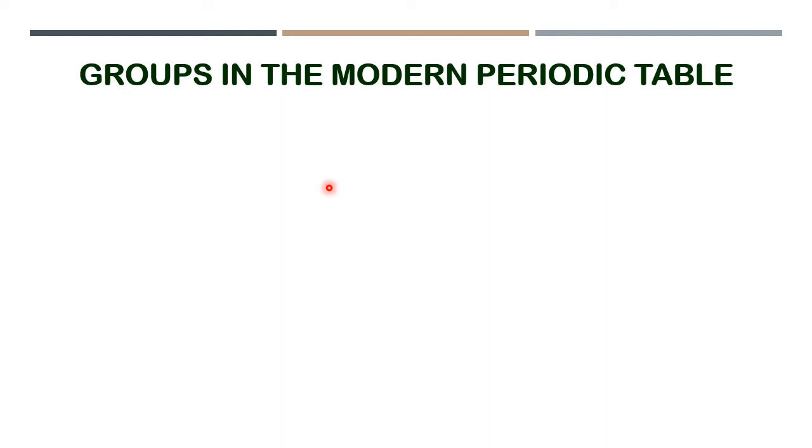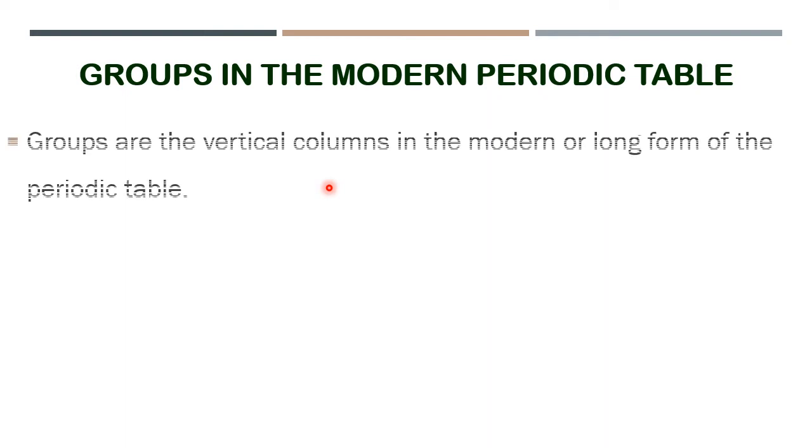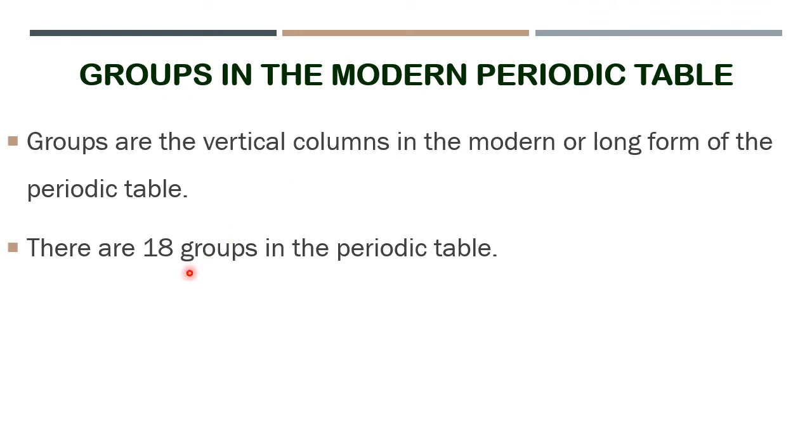So today we will study the groups of the modern periodic table. Groups are the vertical columns in the modern or long form of the table. There are 18 groups in the periodic table. Please recall yesterday's discussion: from the first group, second, third, up to the 18th, which was the inert gases.